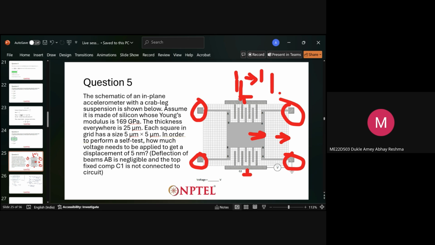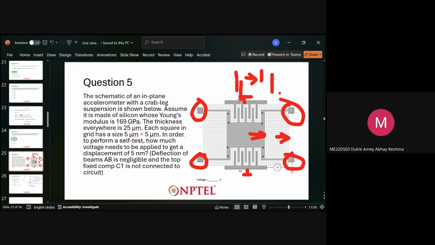Now coming to this question. Basically assume the entire cylinder will be made up of silicon. Any sensor in MEMS will be made of silicon. The Young's modulus is 169 gigapascal. The thickness is 25 micrometer. Each square in the grid has 5 micrometer by 5 micrometer.